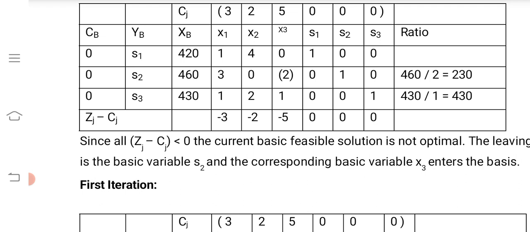Next you have to find the removing row. Which row is removed? The ratio helps to find it. The ratio is xb divided by the corresponding column, for the most negative value column minus 5. So 420 by 1 is 420, 460 by 2 is 230, and 430 by 1 is 430.